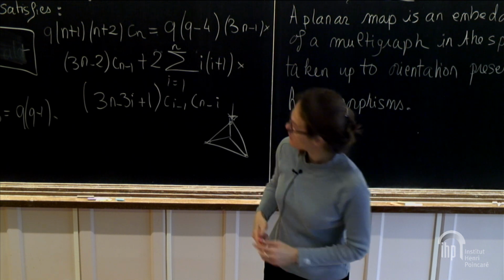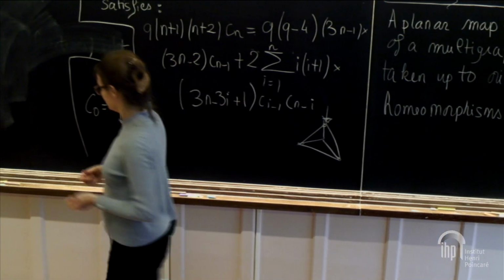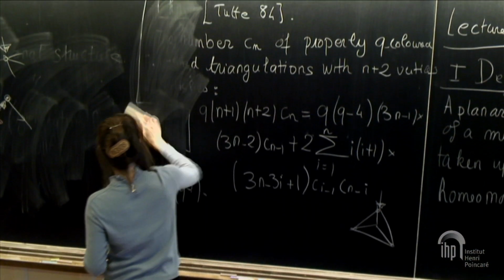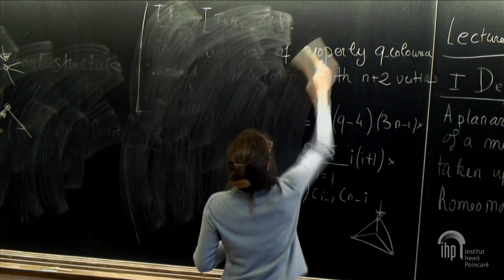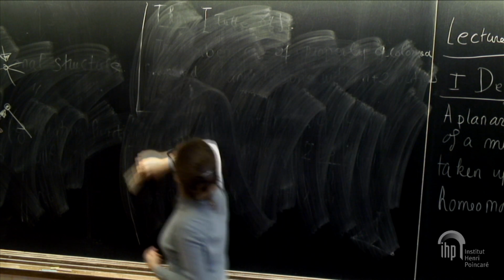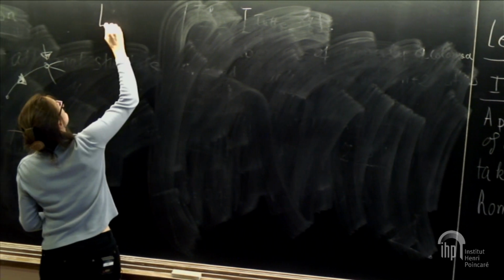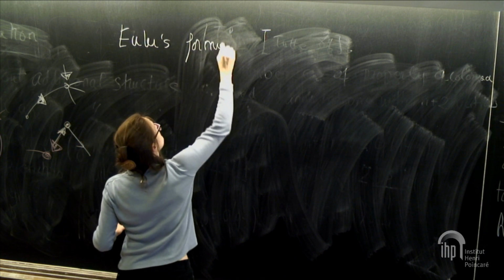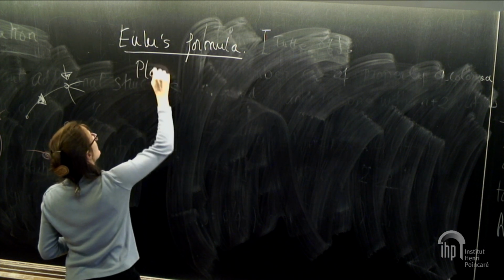So the last thing I want to say about maps is just to give you this Euler's relation. Let's erase that nice theorem. So I state it for the moment in the planar case.